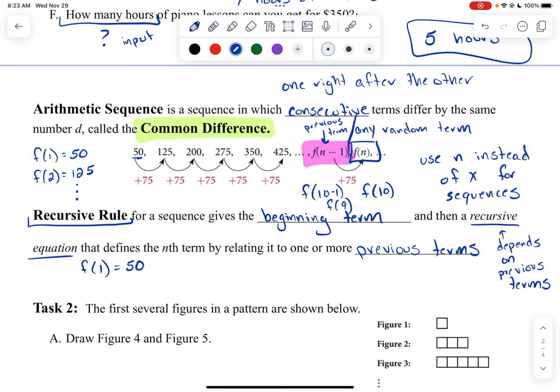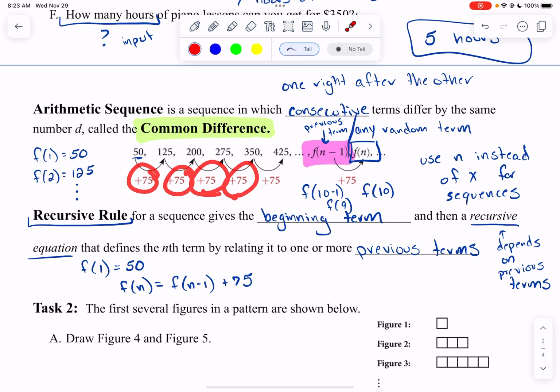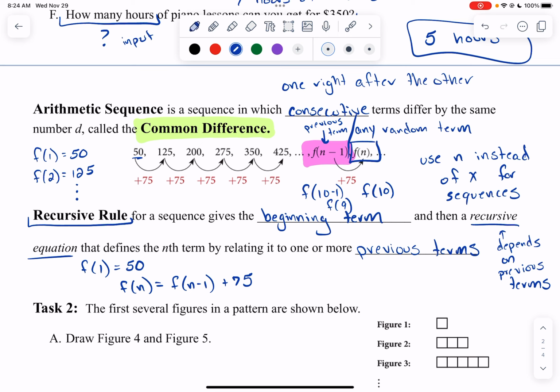Then for any other term, f of n would be equal to the previous term, f of n minus 1, but then I add 75, because I add 75 each time. So this whole thing is my recursive rule. I need the first term, and then I need to know how to get to the next term. I take the previous term and add 75 to each one.